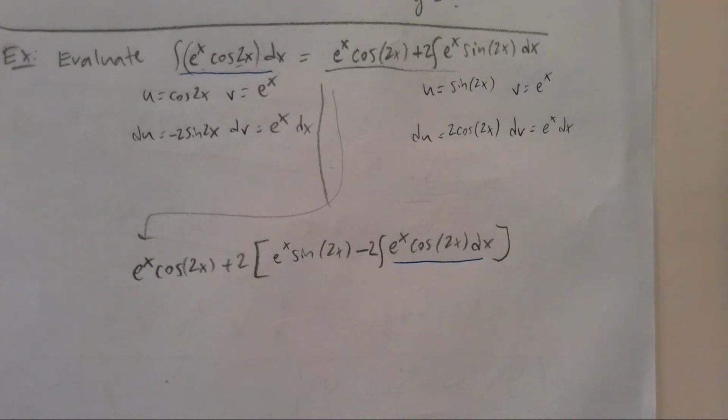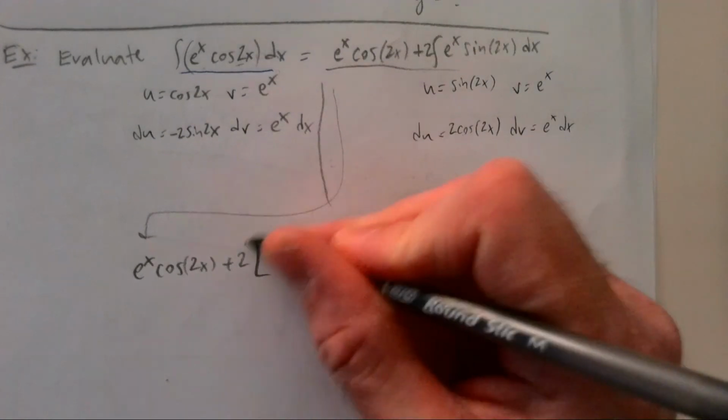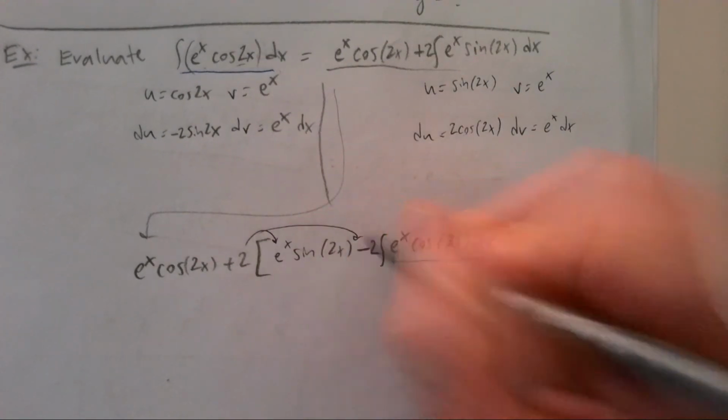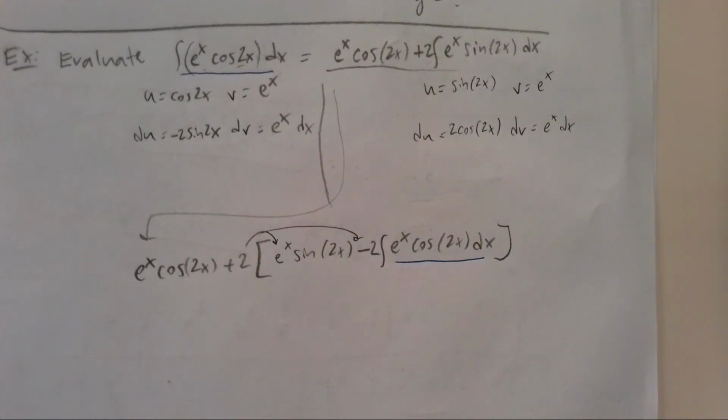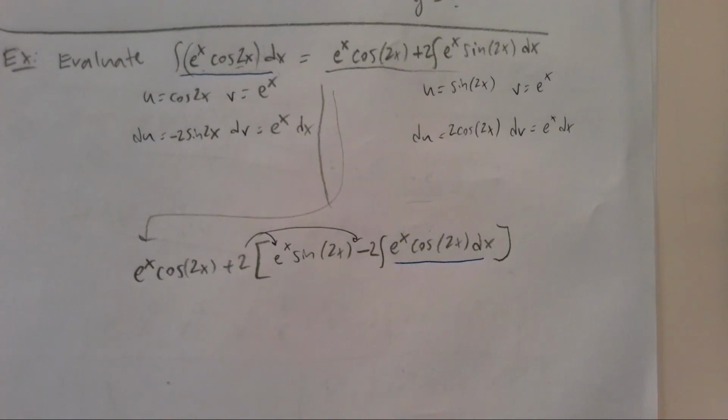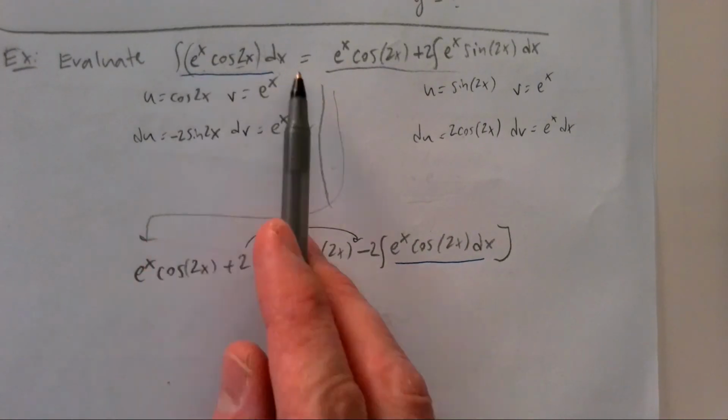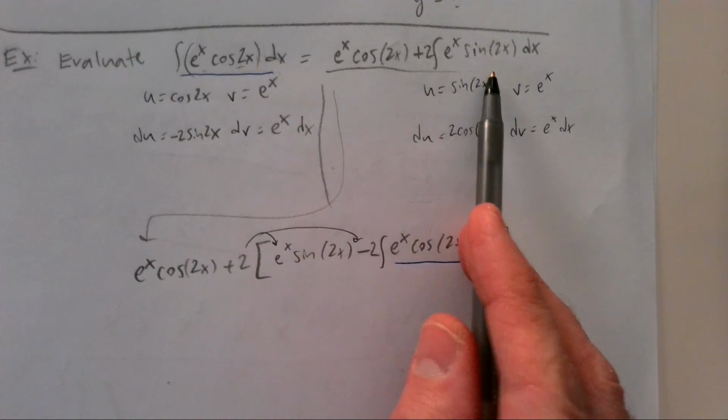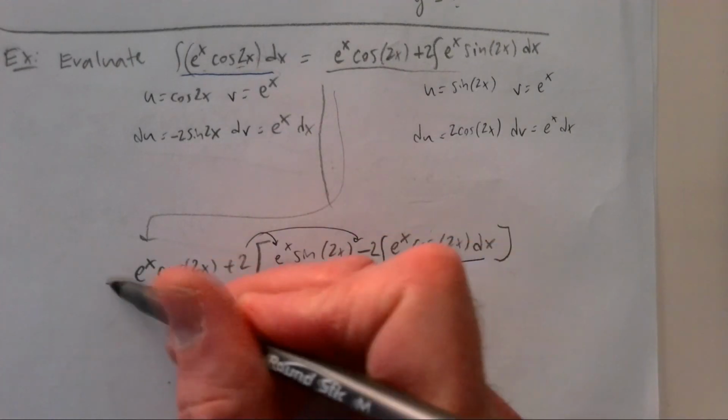Well, the answer is a lot simpler than you might think. First, let's distribute this 2 in, and then we're basically just going to solve an equation. So I'm going to write out what we have. This integral equals all of this, which equals all of this.